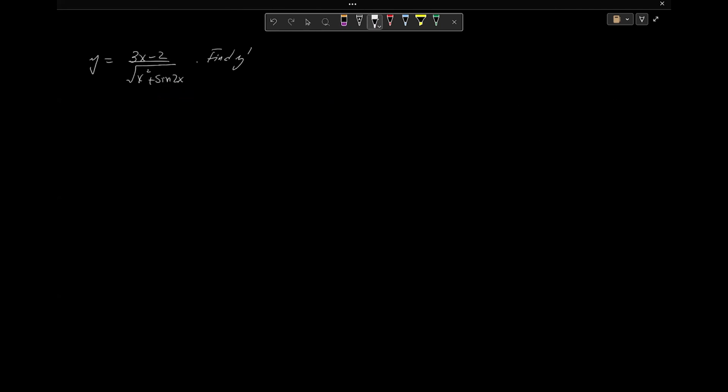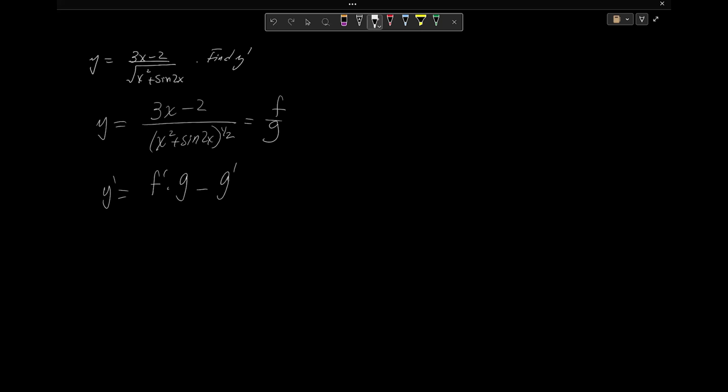Well, let's look at this here. Let's rewrite this. I wrote that square root as power 1/2. And this is the same as f over g. So y prime is derivative of top times bottom minus derivative of bottom times top over bottom squared.